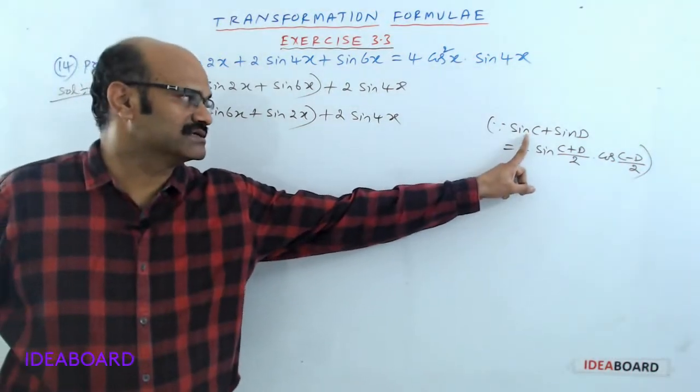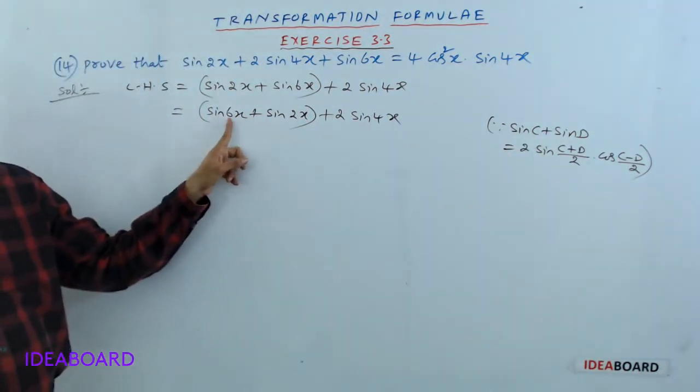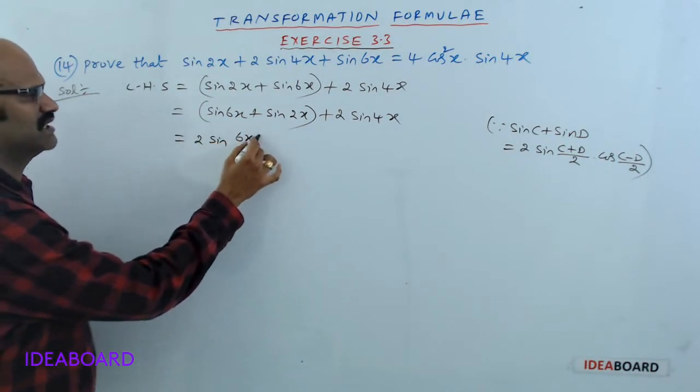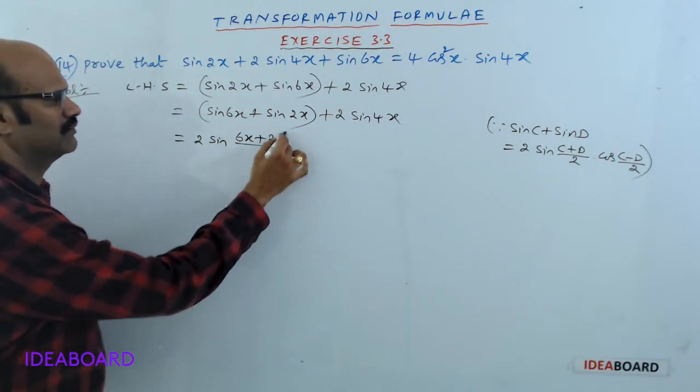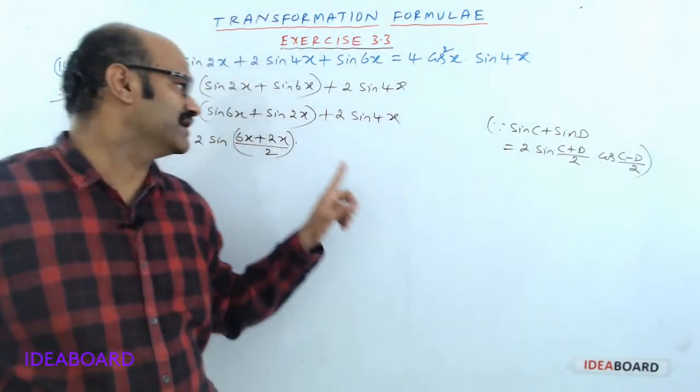We have to apply the formula sin C plus sin D equal to 2 sin of (C plus D) by 2 into cos of (C minus D) by 2.